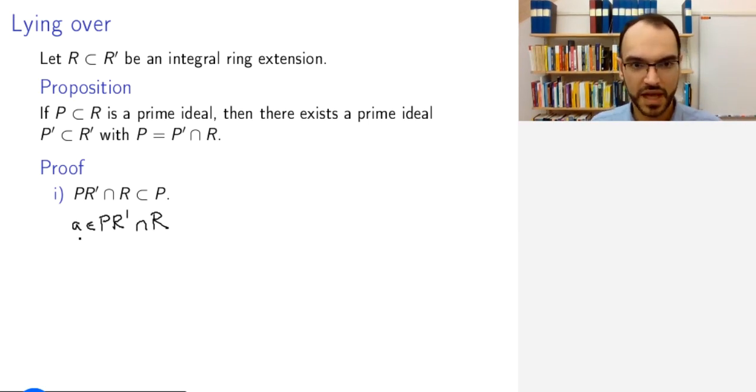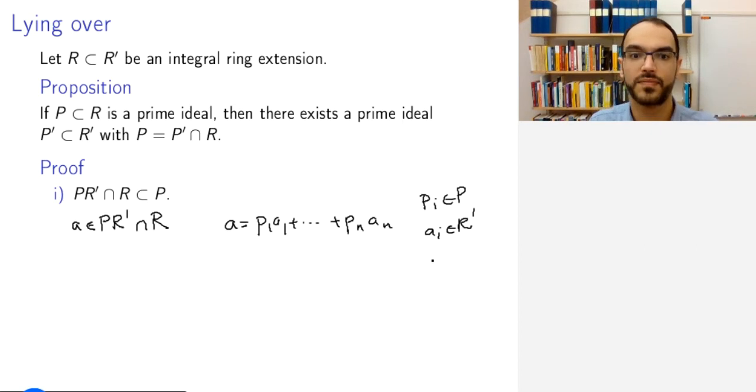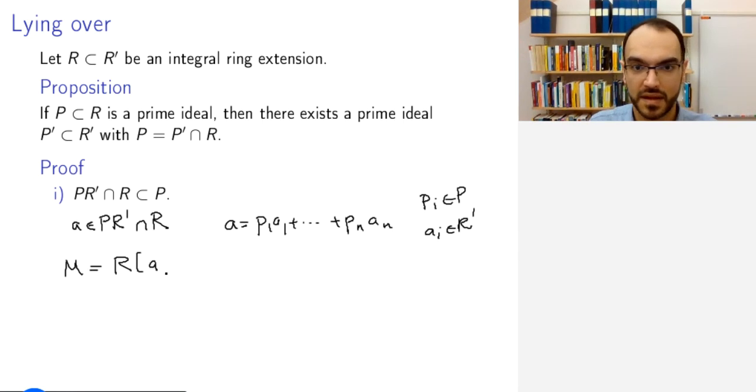So if we have A in PR prime intersect R, well, just in general, A is going to be some sort of linear combination, p1 a1 plus etc. plus pn an, with the pi in P and the ai in R prime. So we consider M to be the ring generated by these ai.